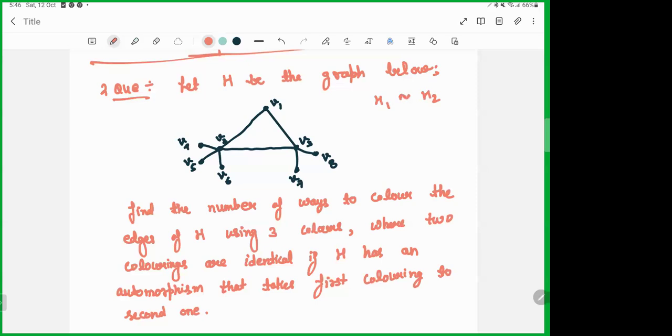These two are equivalent if there is an automorphism of this graph taking H1 to H2. So this is the same thing: you have to identify a group. So what is the automorphism group for this graph? Can you think?